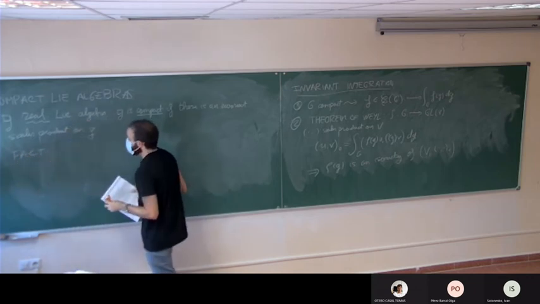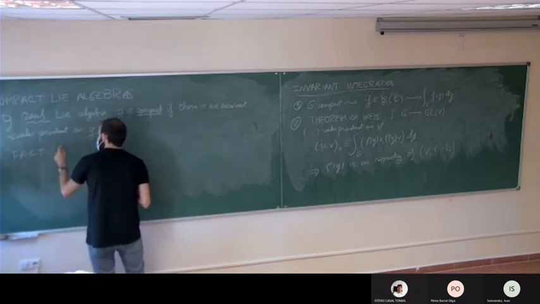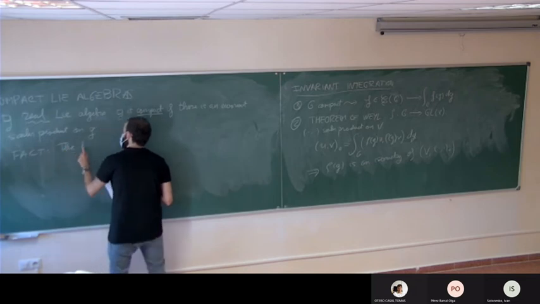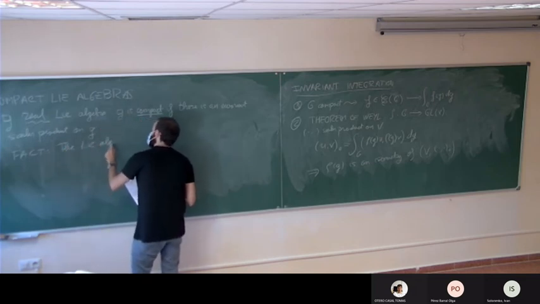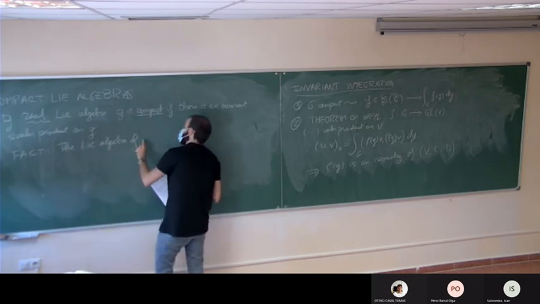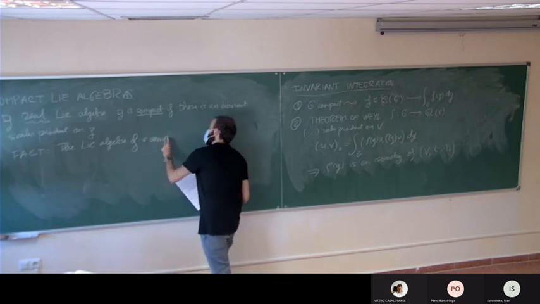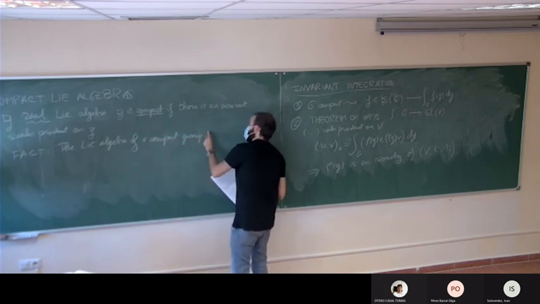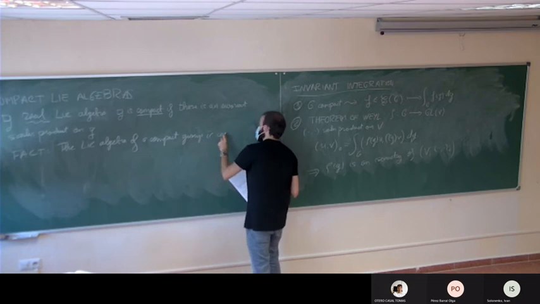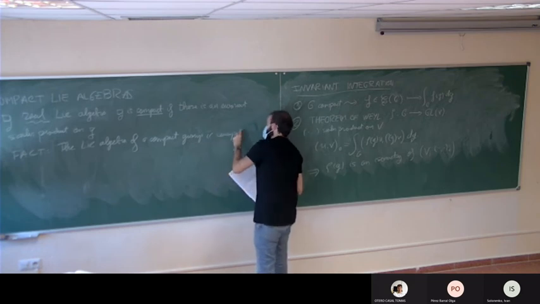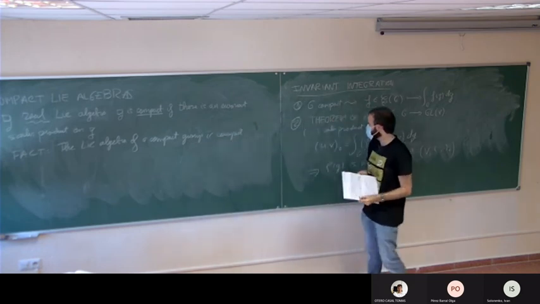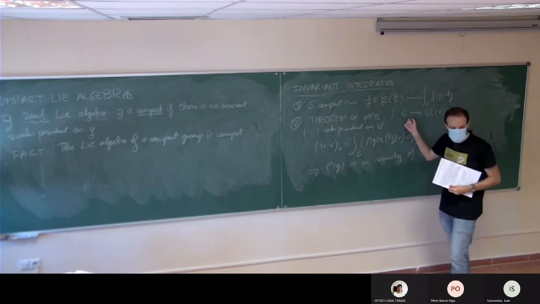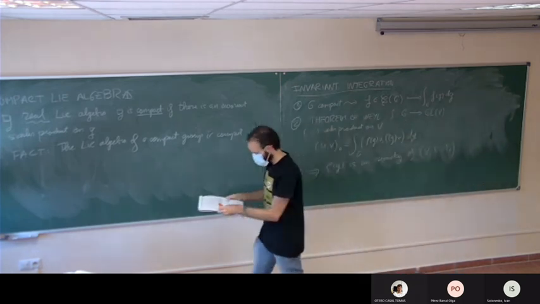First, the Lie algebra of a compact group is compact. And this is a direct consequence of this axiom applied to the adjoint representation.